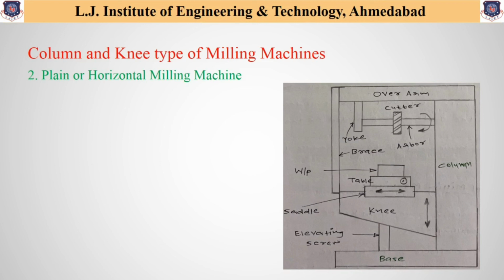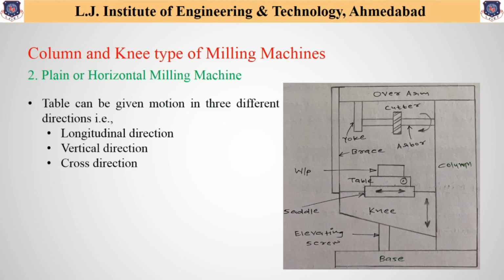If we further summarize the motion obtained on this horizontal milling machine, first it is the longitudinal direction, second is the vertical direction, and third is the cross direction.